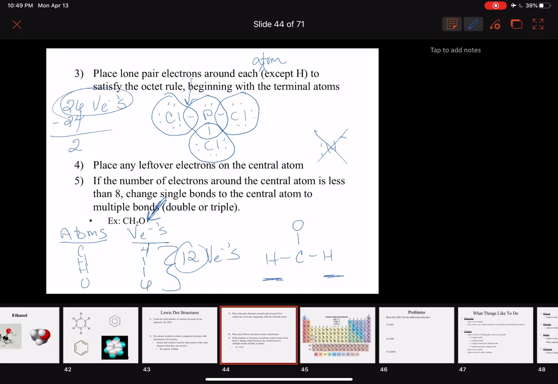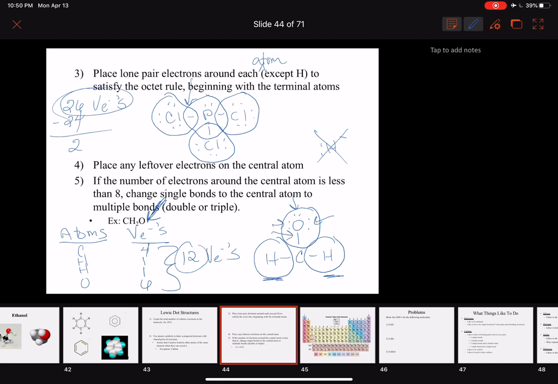That leaves us with oxygen, because oxygen's our other terminal atom, which means it's on the end, like a terminal disease, you're at the end. And if we have 6 left, that means that we say 2, 4, 6. So that means that each of our hydrogens has a duet, and our oxygen has an octet, 2, 4, 6, and 8.